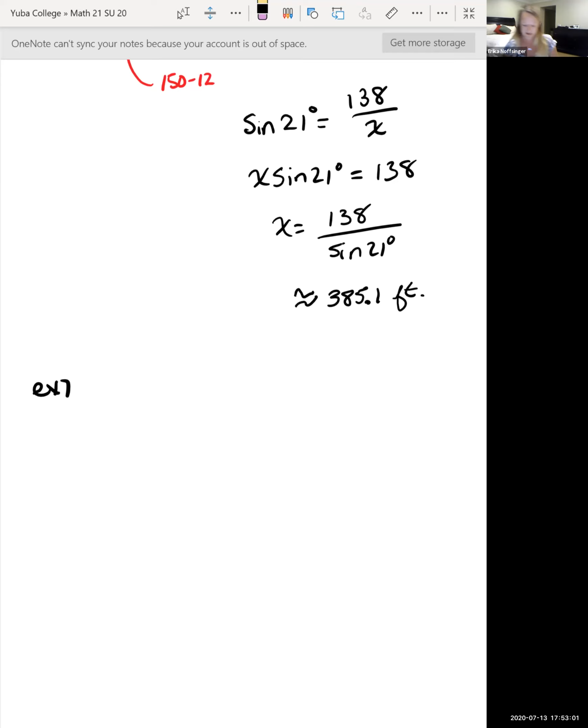Okay, so we got John. His line of sight, so let's make a horizontal. His line of sight is 6 feet above the horizontal, basically the ground.